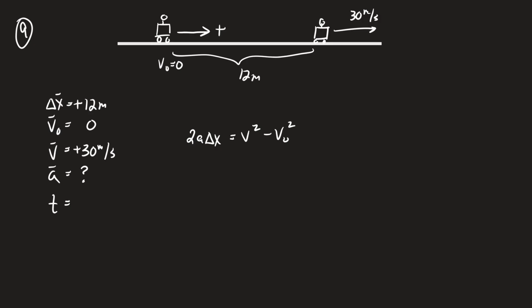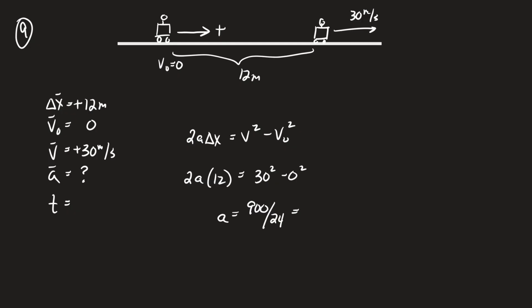Any question about where any of that came from? Okay. 2 times a times 12 equals 30 squared minus 0 squared. 30 squared is 900. 2 times 12 is 24. So a equals 900 divided by 24.